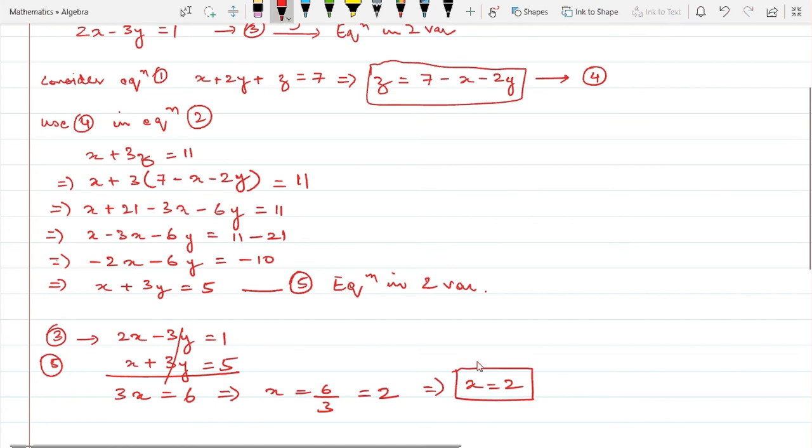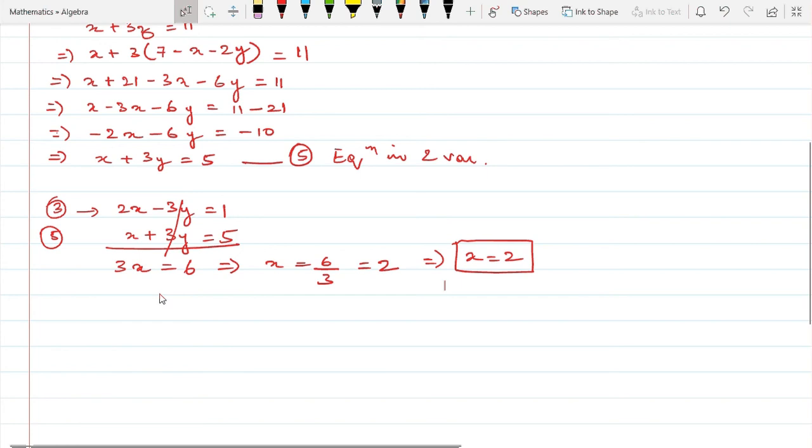Now I have to plug in x is equal to 2 in any of the equations. Let me put it in equation 5. Equation 5 says x plus 3y is equal to 5. But I already know that x is equal to 2, so I can write this as 2 plus 3y is equal to 5.